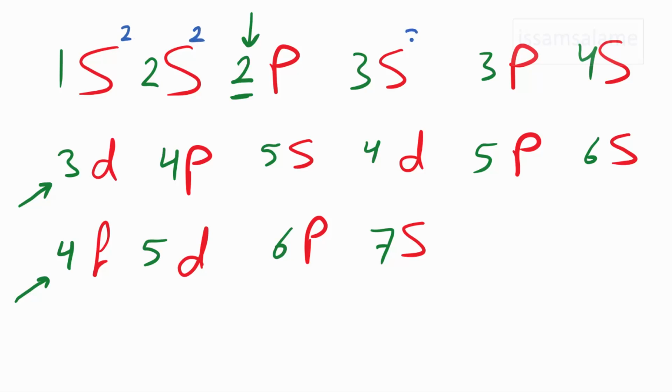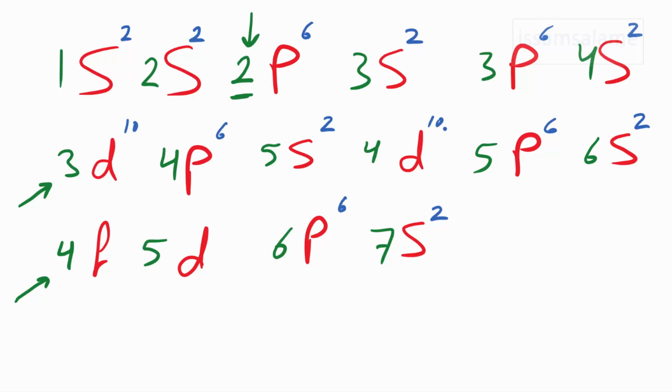Now we have to put the number of electrons above each subshell. All the s subshells can hold 2 electrons. Then the p, all of them hold 6 electrons. The d subshells hold 10 electrons.